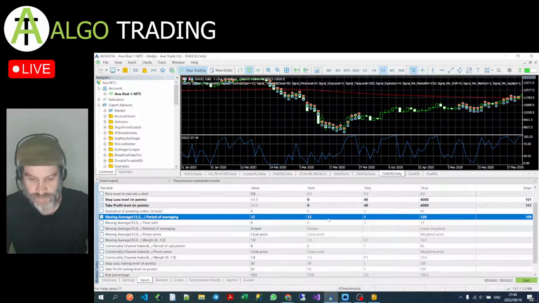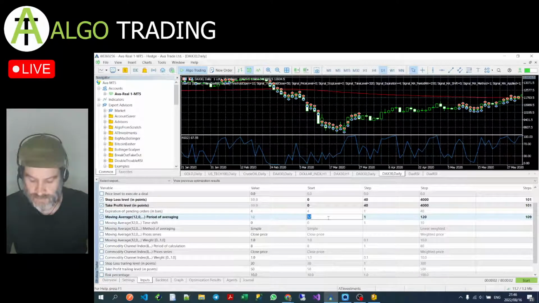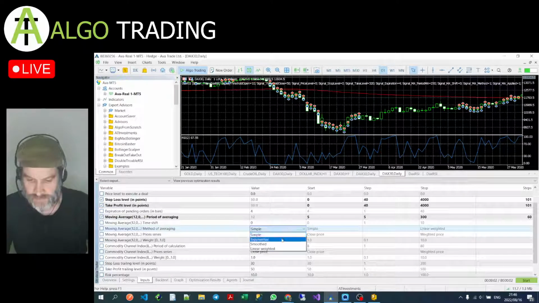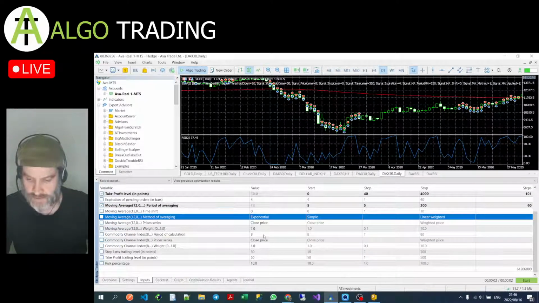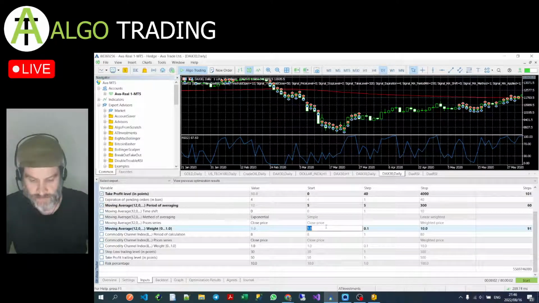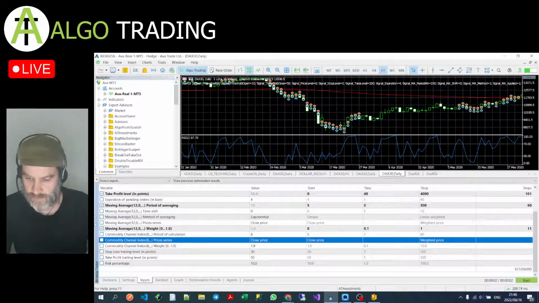Moving average period will start at 5, we go up in 5s, go to 300. We want the exponential. Close price, weight, so we're going to start at 0, go 0.1, 1.